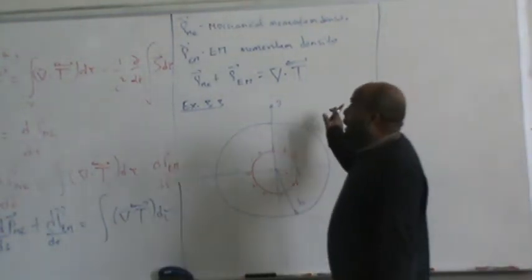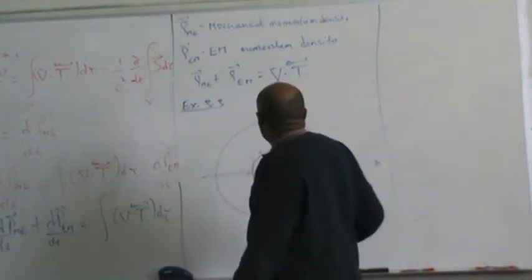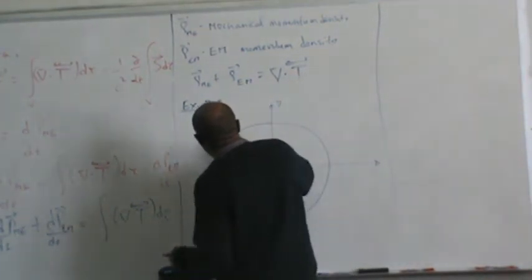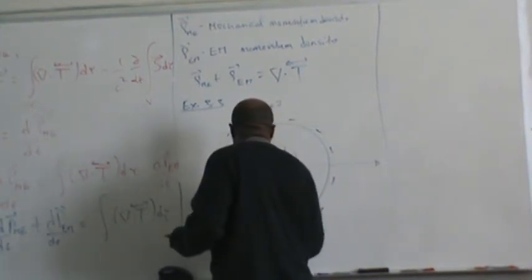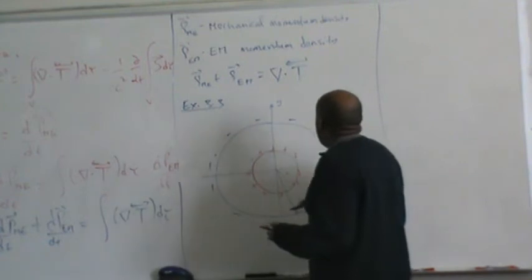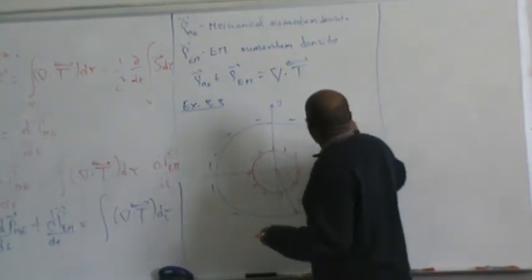And the outer one carries a negative charge, and the charge density here you can take as minus lambda.